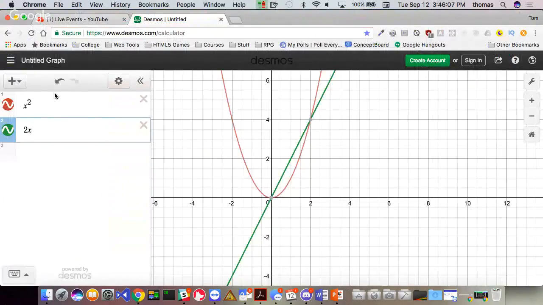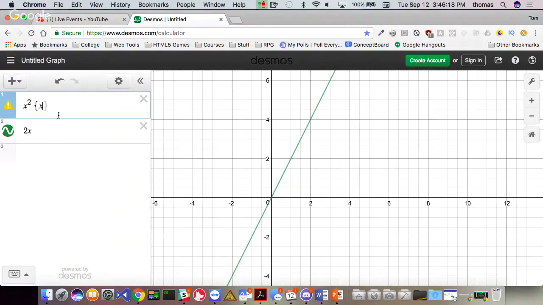So here's the example. Anyone figure out how to limit it to the right side yet? Curly brackets. Right afterwards? Like this, and then x, where x is greater than 0. You can see that that works. Thank you. It's a very useful site, like I said. I highly recommend you get used to it.